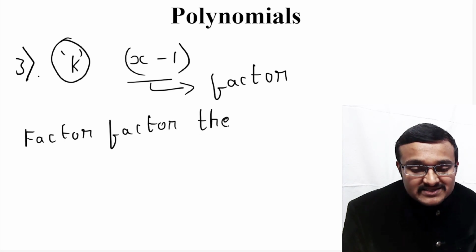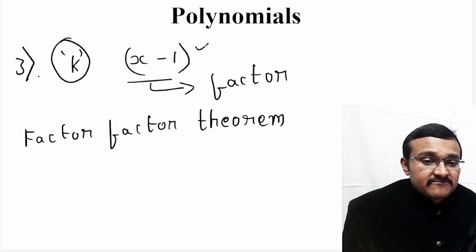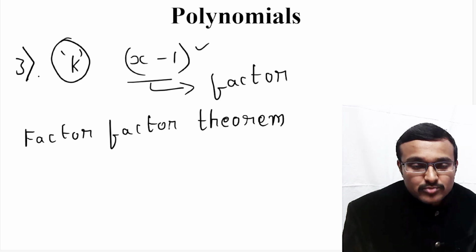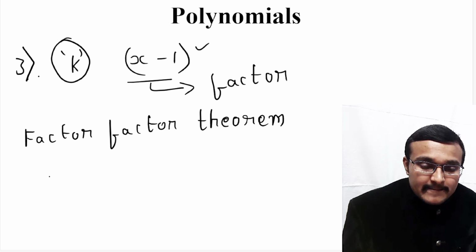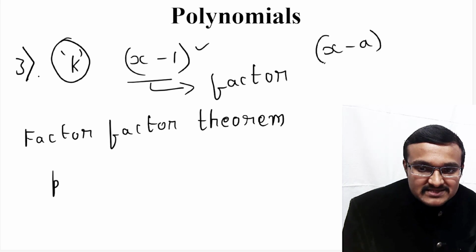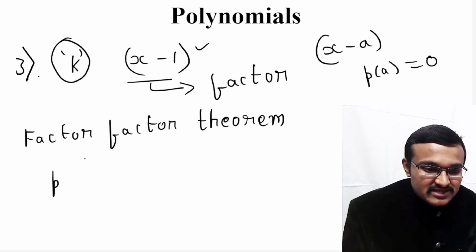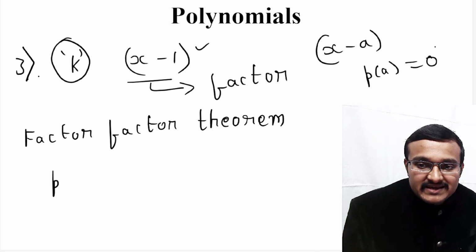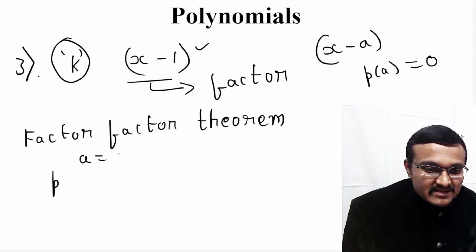if this x minus 1 is the factor of a particular polynomial, then here this particular factor is nothing but x minus a. So that means here p of a should be equal to 0. So here a is equal to 1.